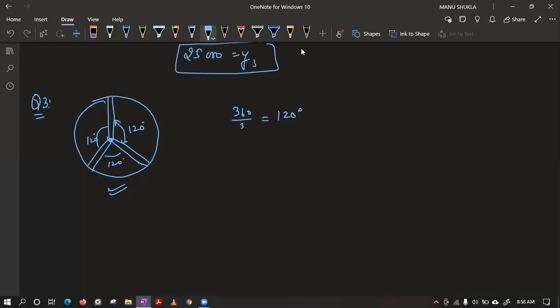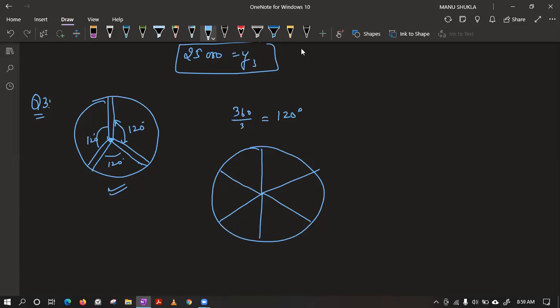Now we have to take the next case. They have drawn another diagram also. In the next case, they have taken 6 spokes: 1, 2, 3, 4, 5, and 6. We have to tell whether this is following the condition or not.